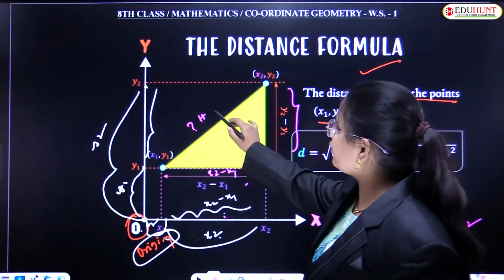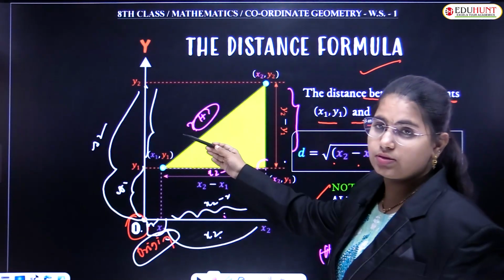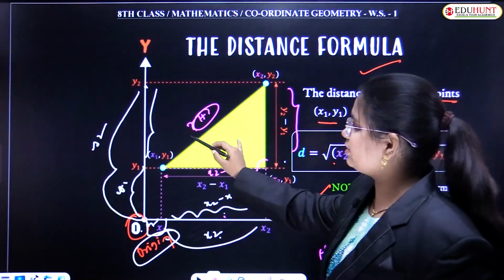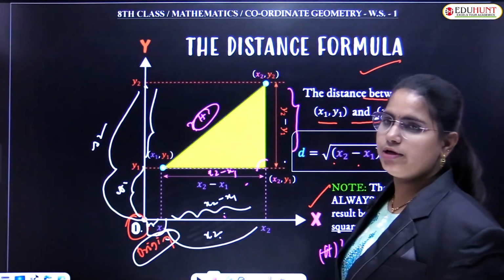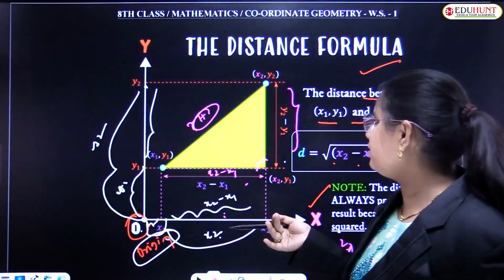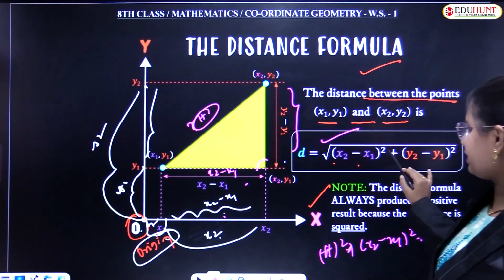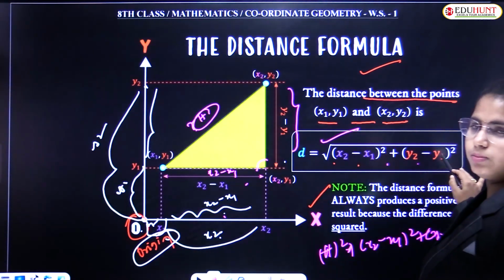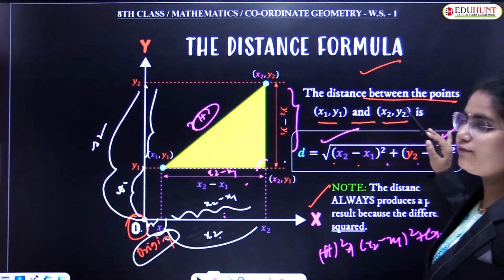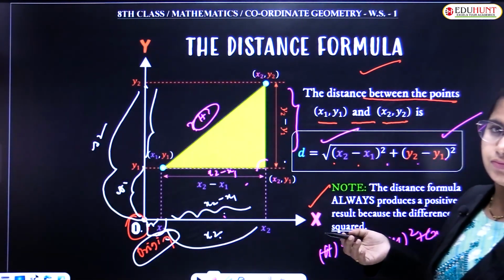But here you need to find the value of the longest side, that is also known as the distance from point A to point B. So take the square root on that side. Then you will have under root x2 minus x1 whole square plus y2 minus y1 whole square. This is how you derive the distance formula.